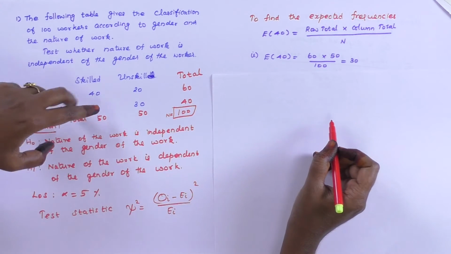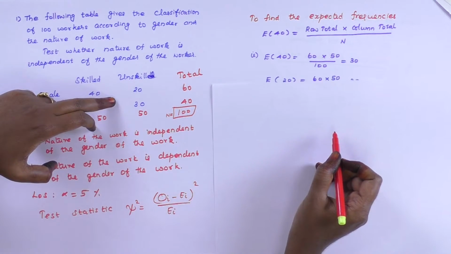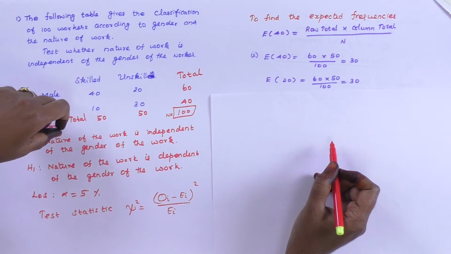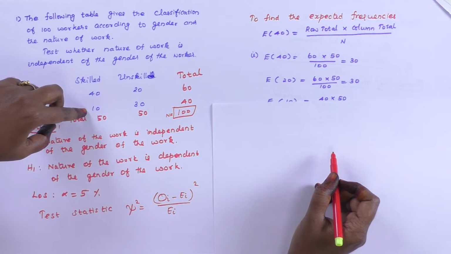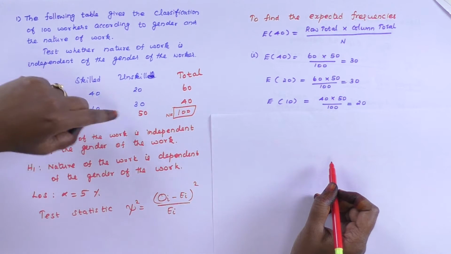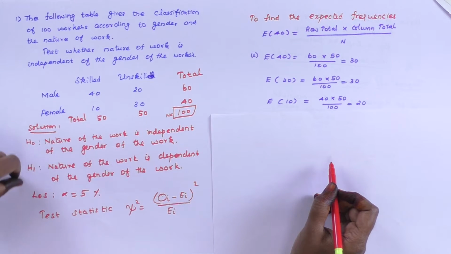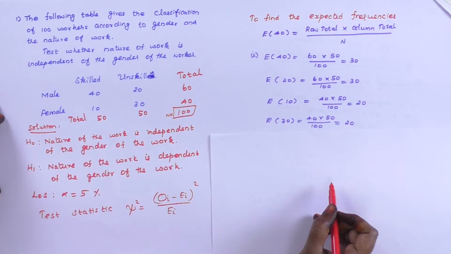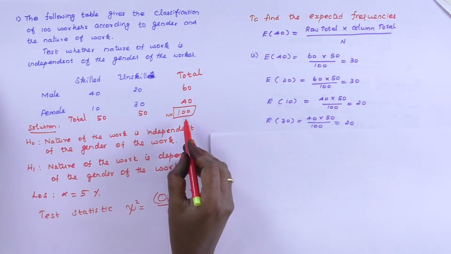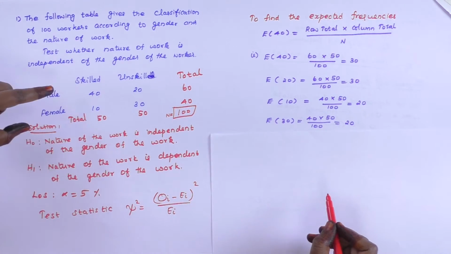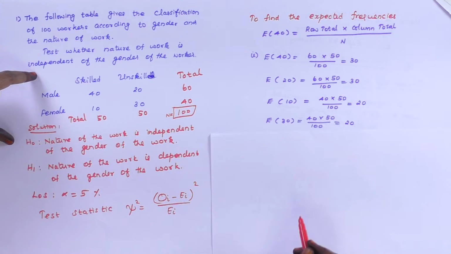Similarly, E of 20 is 60 into 50 divided by 100, that is 30. E of 10 is row total into column total divided by 100, that is 20. E of 30 is 40 into 50 divided by 100, which is 20. Therefore the expected frequencies for the positions are 30, 30, 20, 20.